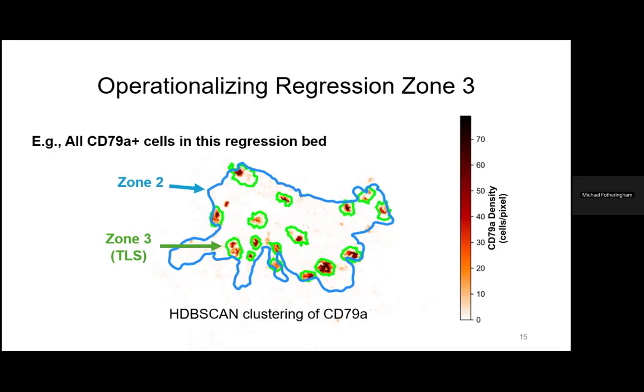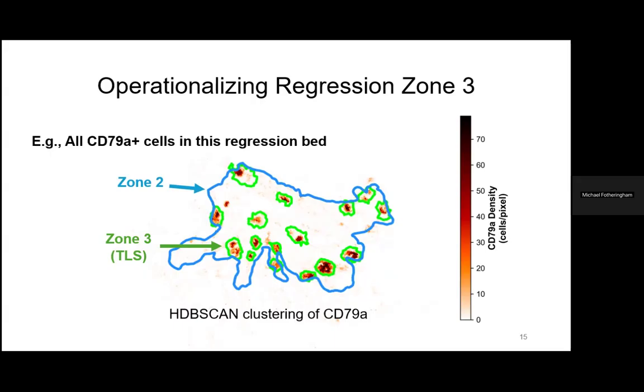The challenge is to make sure that we're capturing all the TLS and not getting something that's noise. When I looked at this tissue section in the full color image, I noticed that this was not, in fact, a tertiary lymphoid structure. Maybe there's a vessel there, and there are a lot of B cells adjacent to the vessel. So to avoid things like this, I applied some criteria to the clustering.